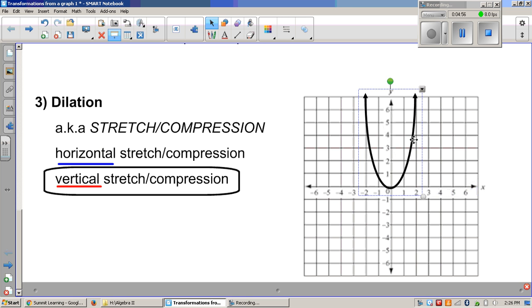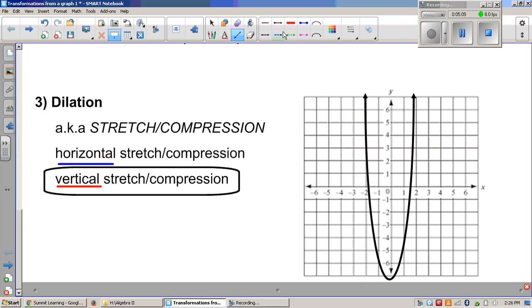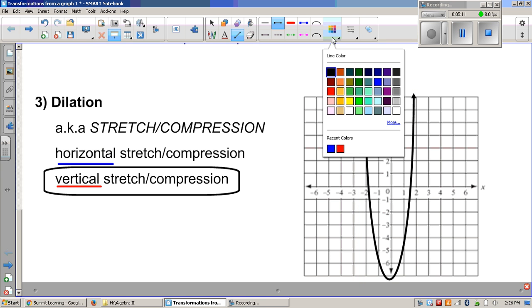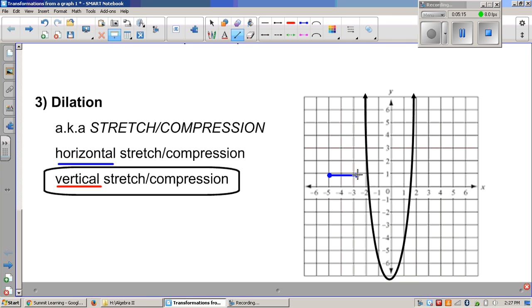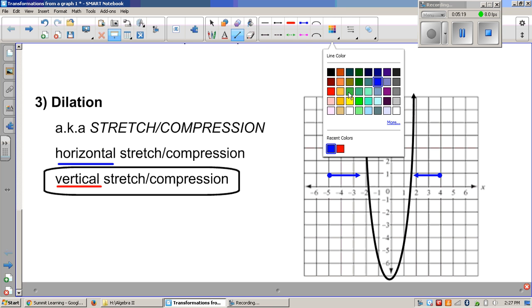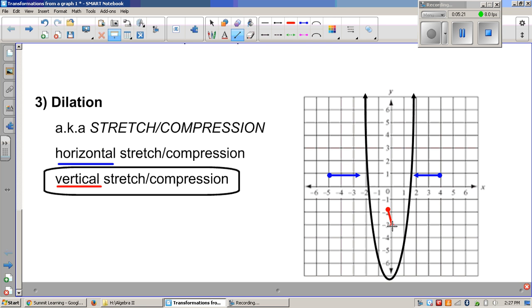What happens when you're doing a vertical stretch is it could look the exact same as if I had done a horizontal compression. So it's understandable, it's easy to get a little bit confused, but you can see something like this here either being compressed horizontally or stretched vertically.